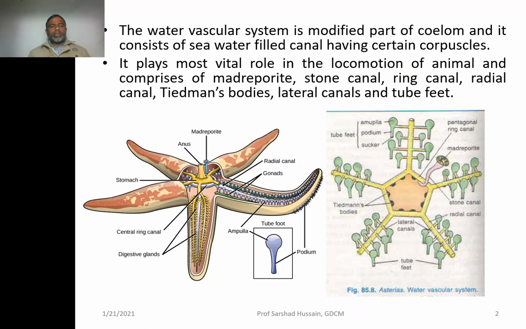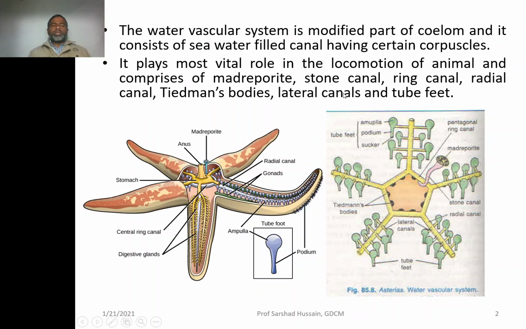The canals of this system are filled with the water of the sea, and in addition to this, they have some cells in it called corpuscles. This water vascular system is important for these animals, as it helps in locomotion.